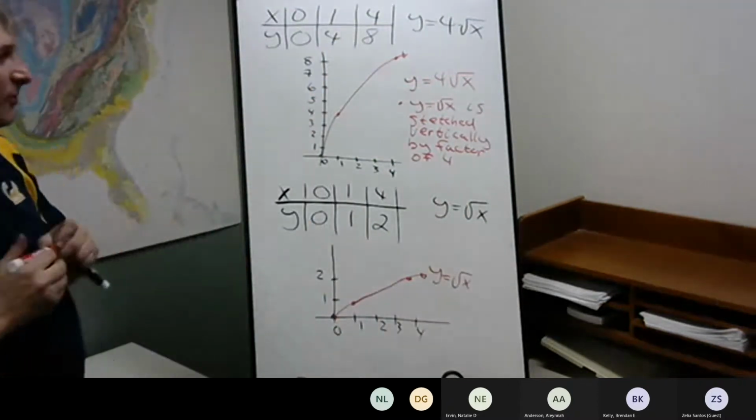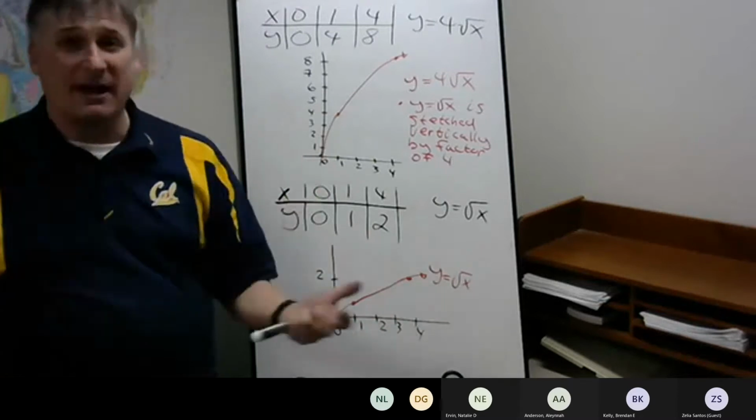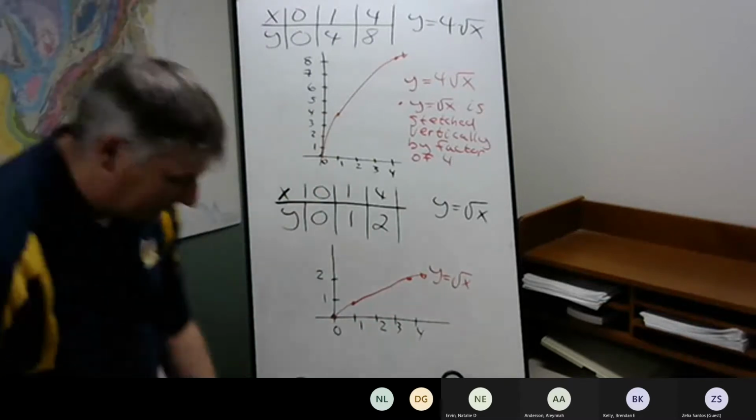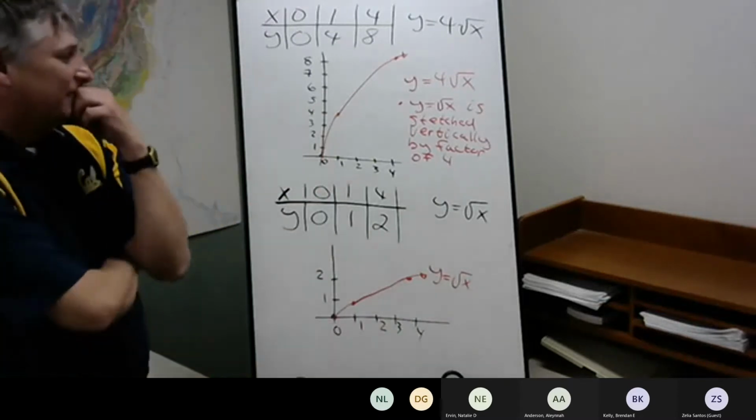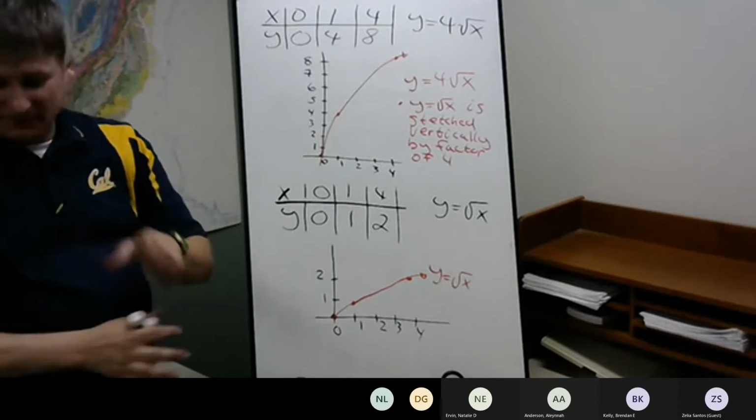We're pulling it up by a factor of 4. So any questions about that?